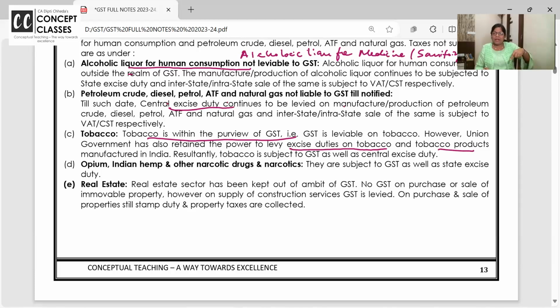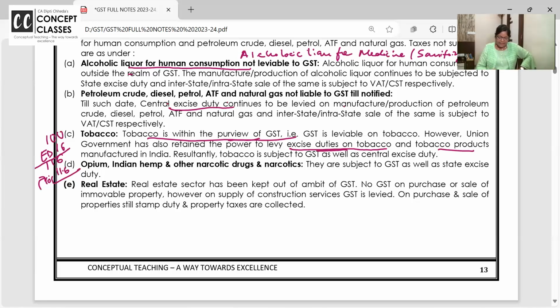Whichever state is manufacturing, they want to charge excise duty, but GST is also levied on further purchase and sale. Ma'am, how then? Let me write an example. On 100 rupees of tobacco, if excise duty is say 16, then GST of say 10% on 116, that is 11.6, will be charged. So, ma'am, the cascading effect is still there for the tobacco part.